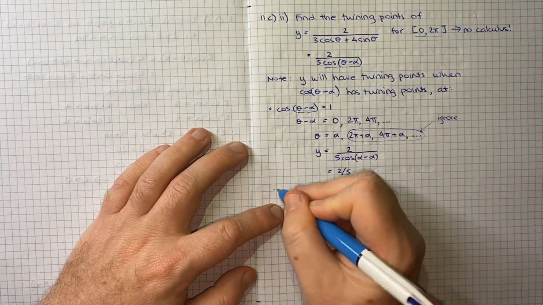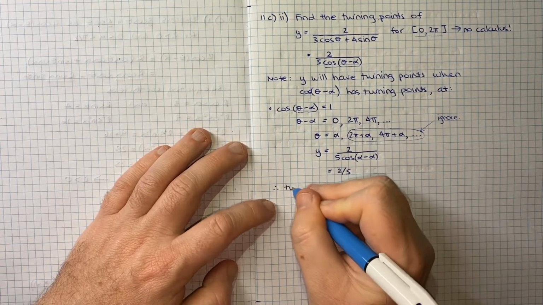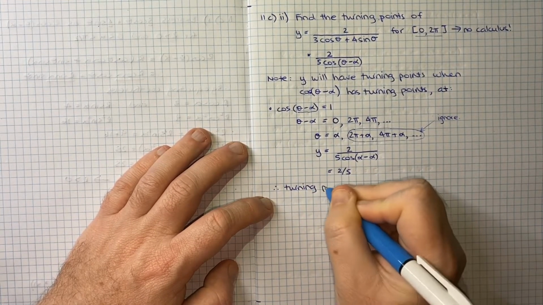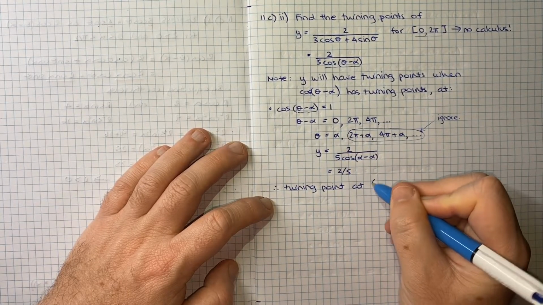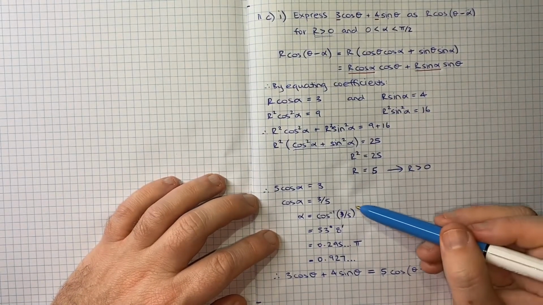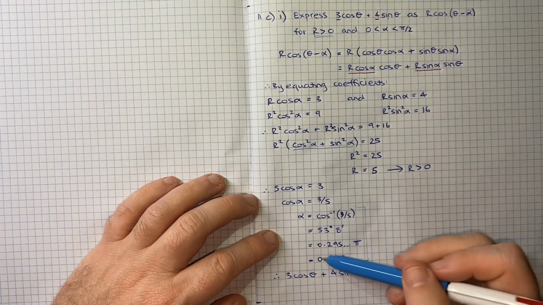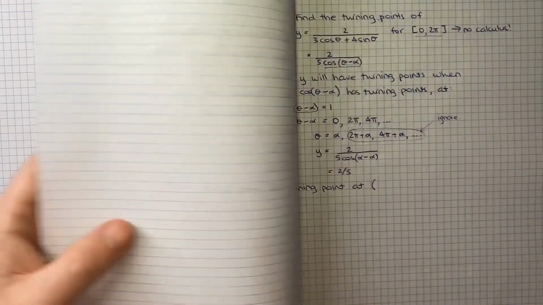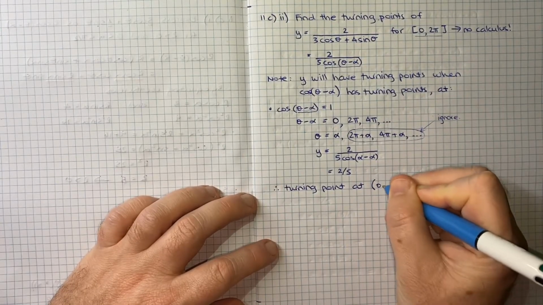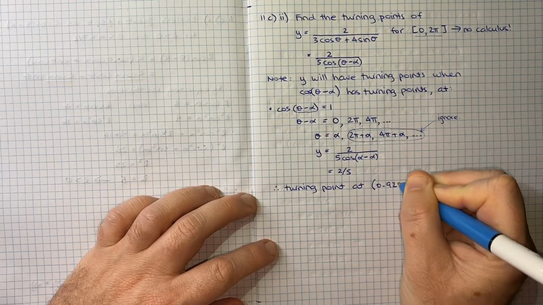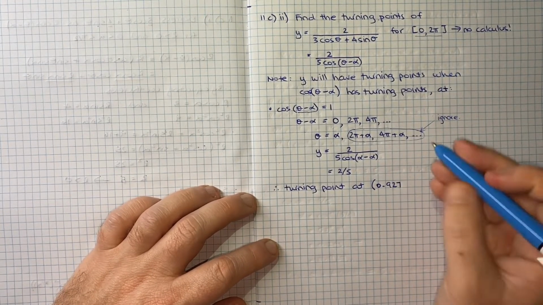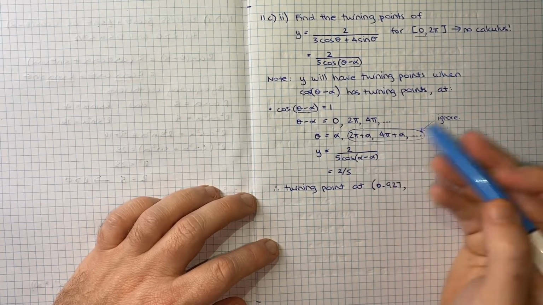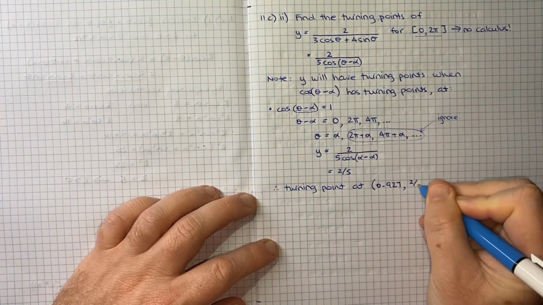So therefore, we know we've got a turning point at the coordinates alpha, which back in part 1 we worked out in all of these formats. So I might just write it in decimal form. So 0.927, that's probably enough precision for the purposes of this question. So 0.927 as the theta value, and then 2/5 as the y value.